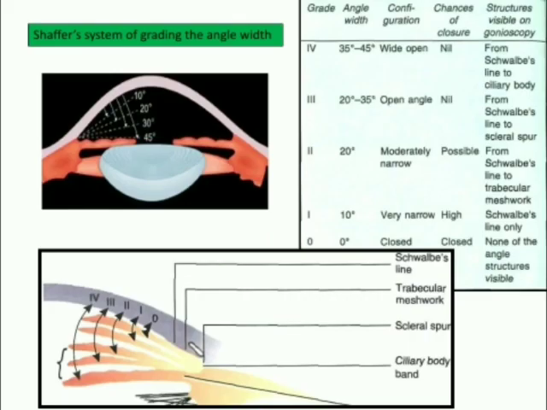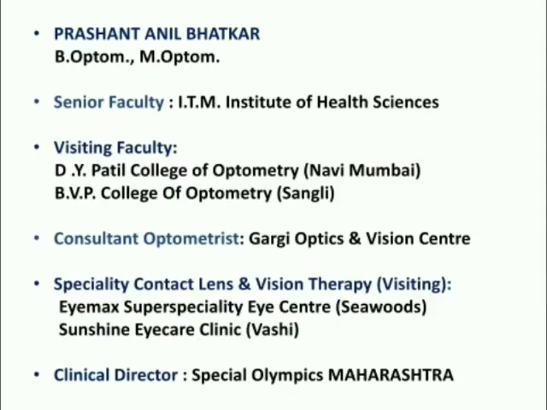Anterior chamber angle, as we study, is the most important anatomical entity for aqueous humor drainage. If there is any difficulty within the drainage system, this could give rise to an abnormally high intraocular pressure, as we had already discussed. And this high intraocular pressure can give rise to a group of diseases called glaucoma.